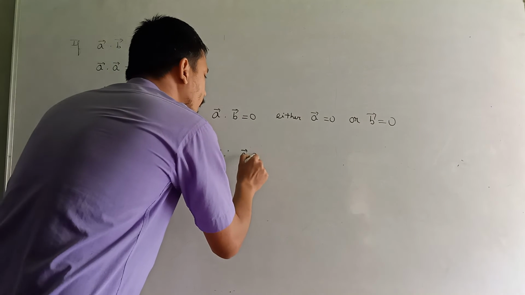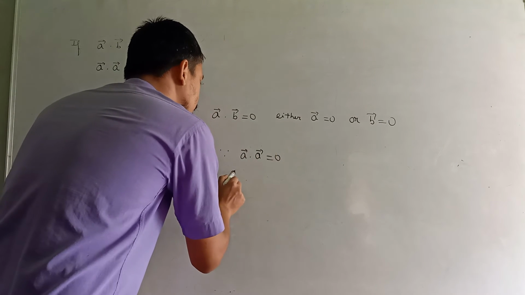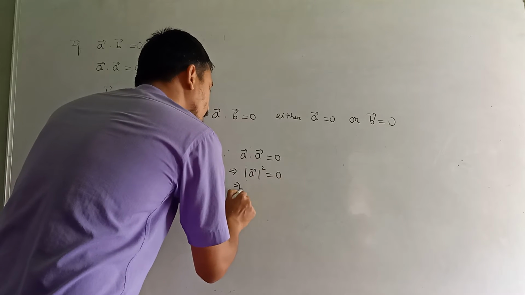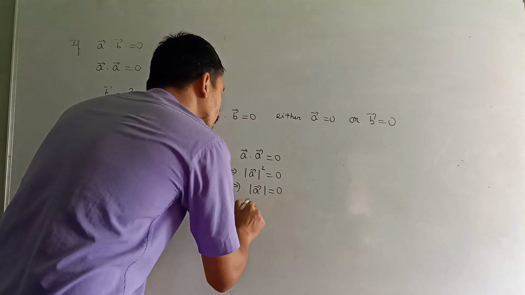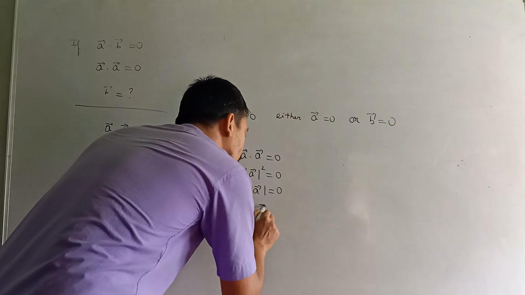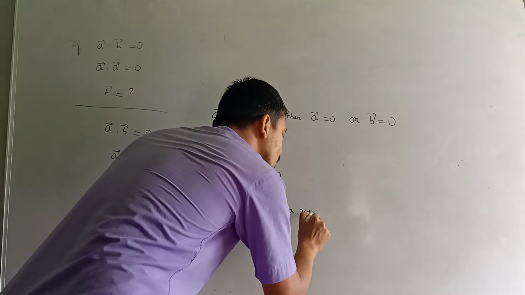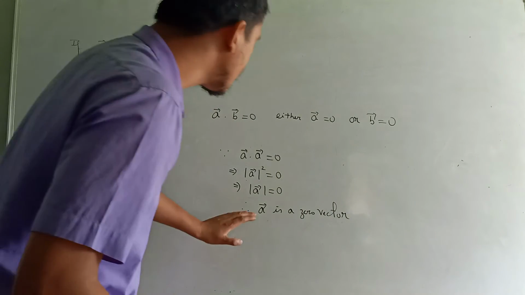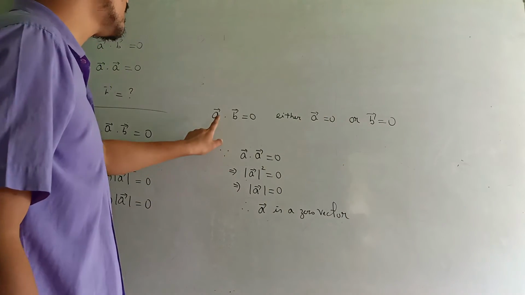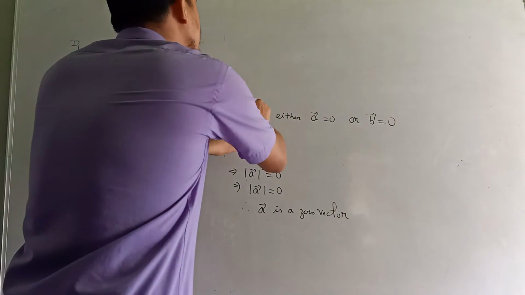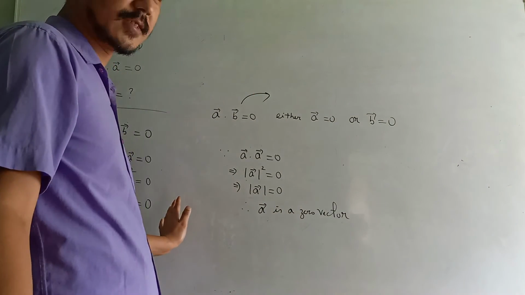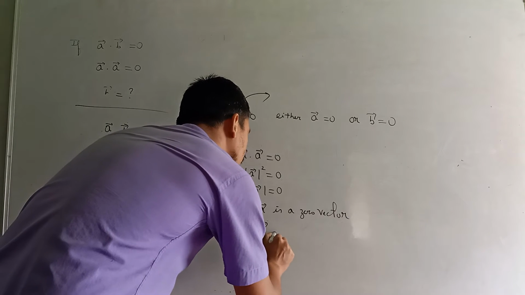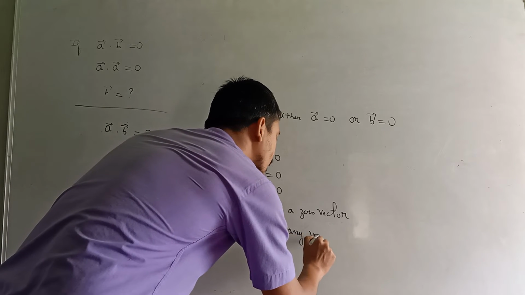Since A dot A is 0, magnitude of A square is 0, so magnitude of A is 0, and A is a 0 vector. Because A is a 0 vector, their dot product is 0. That means B can be any vector. Therefore, B is any vector.